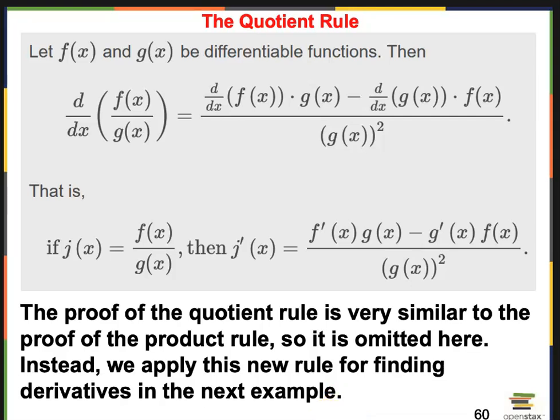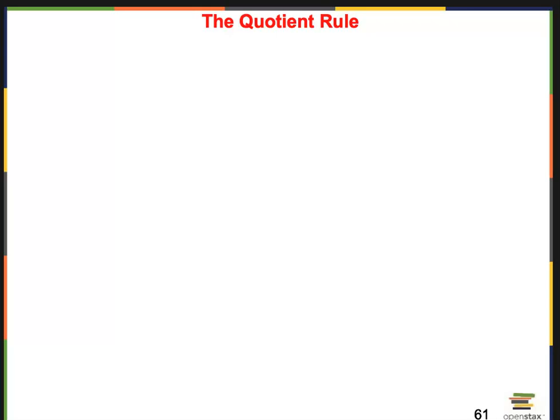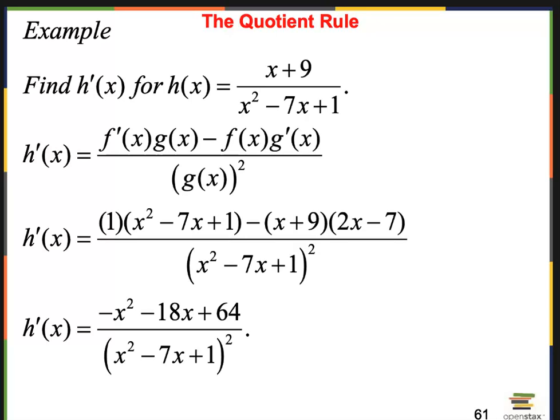And again, this proof is very similar to the product rule, but I'm not going to show you that slide. Again, you're not responsible for the proofs that you see here, but we do want to know how to use the quotient rule.